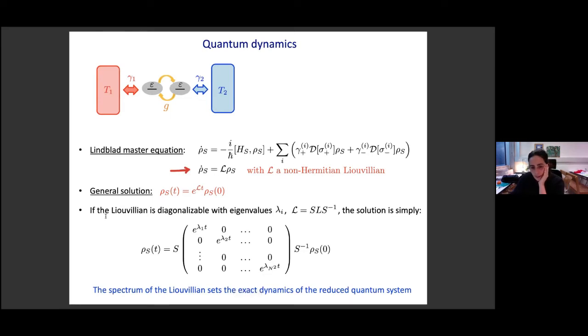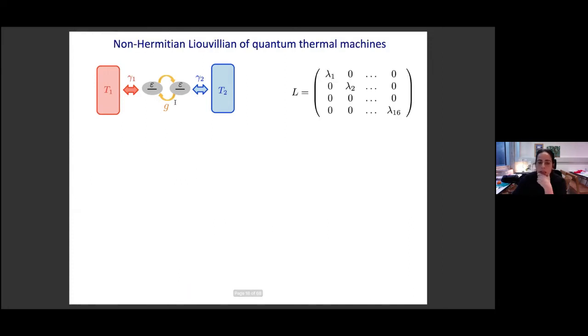So this is a formal solution. What I would like to emphasize here is the spectrum of the Liouvillian. So what is a spectrum? This is the set of eigenvalues lambda_i that will set the exact dynamics of your reduced quantum system. To explain this in more detail, let me take the case of our model.